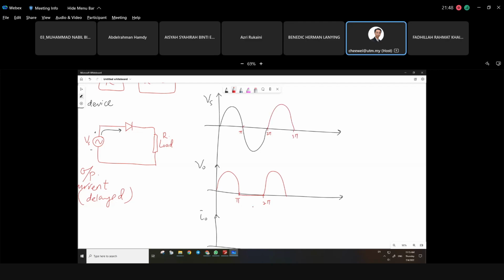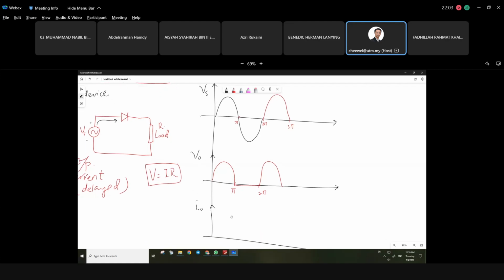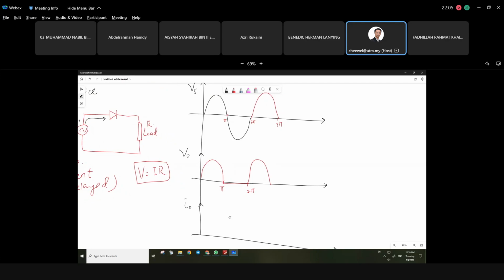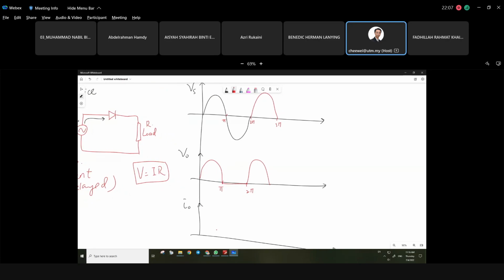What about the current? Remember that V equals IR. If it is just an R load, the current will follow the waveform of the voltage. So the current will follow, and then it will be 0 for the second half cycle and repeat.